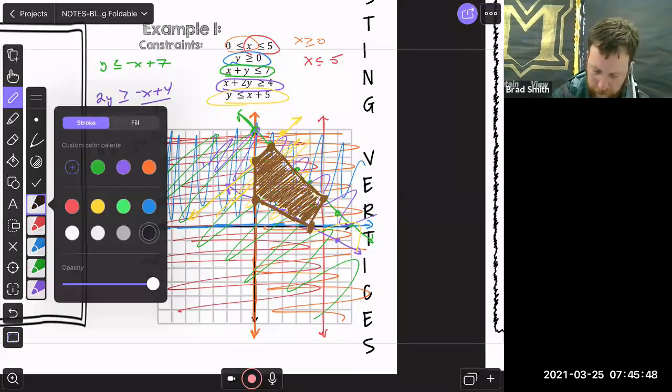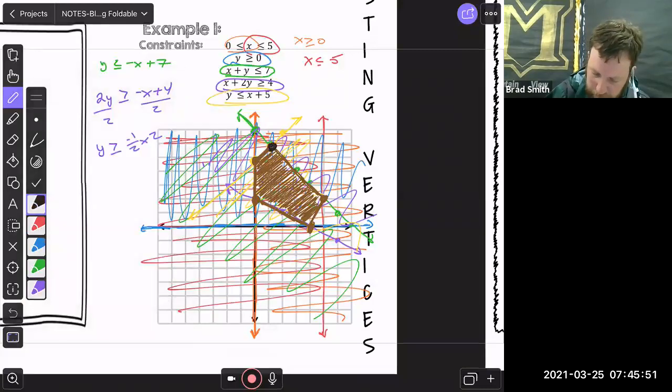And then I got a black. These are considered my vertices points, my vertex points. So basically what that is saying is that anything in that little brown polygon will work in all of those equations.